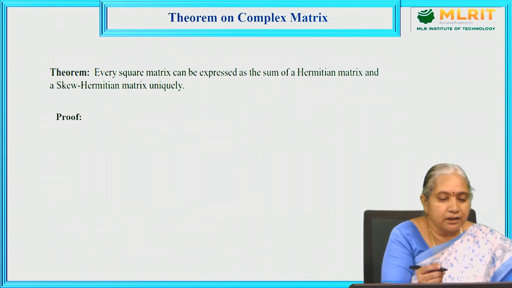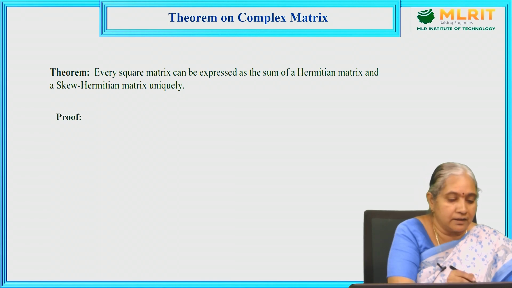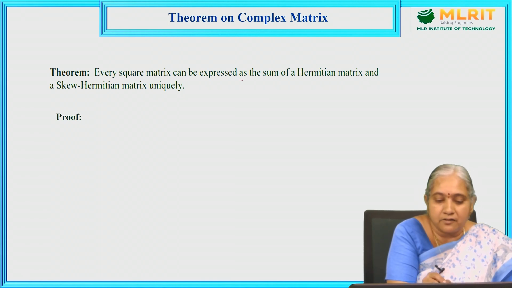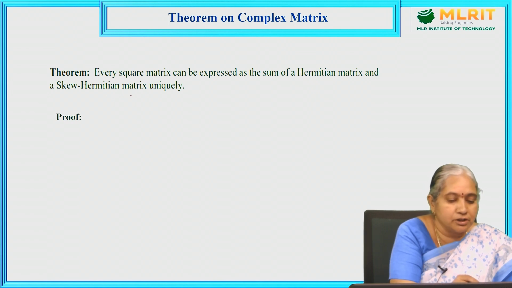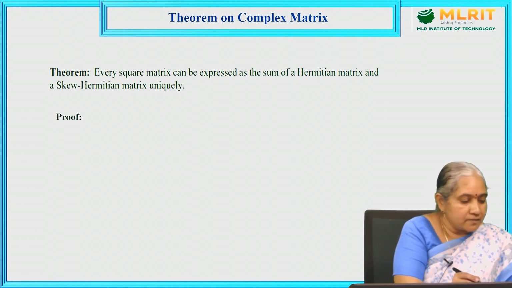Another theorem on complex matrices: every square matrix can be expressed as the sum of a Hermitian and a skew Hermitian matrix uniquely. The proof is the same as above.